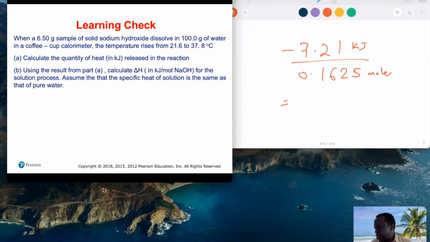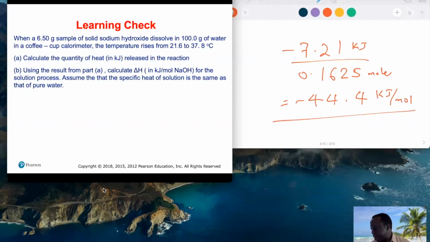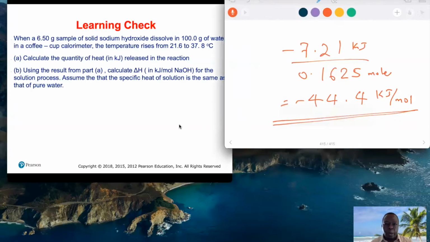This is around 44.4 kilojoules per mole of NaOH. That's how to find the energy given off per mole, assuming that the specific heat is the same as for pure water. Now, any question on B?